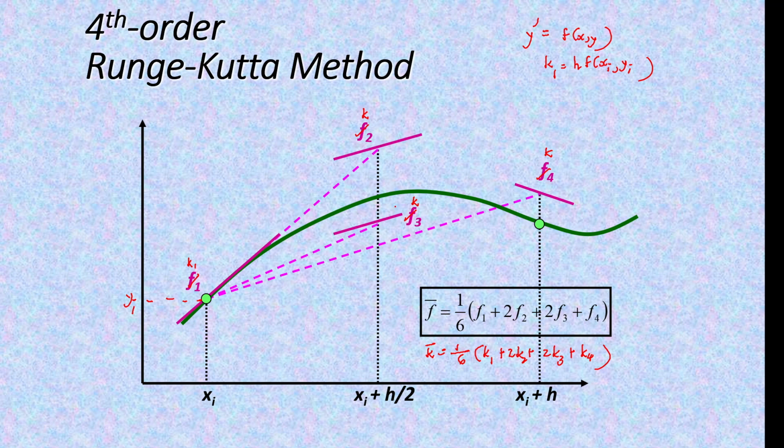The only difference between K1 and K2 is that you take the function f x y, where y becomes y plus K1 over 2. For K3, x is the same as K2, only y is y plus K2 over 2. K2 is the same function, only x becomes x i plus h over 2, and y is y i plus K1 over 2, meaning K2 depends on K1. K3 has the same x as K2.